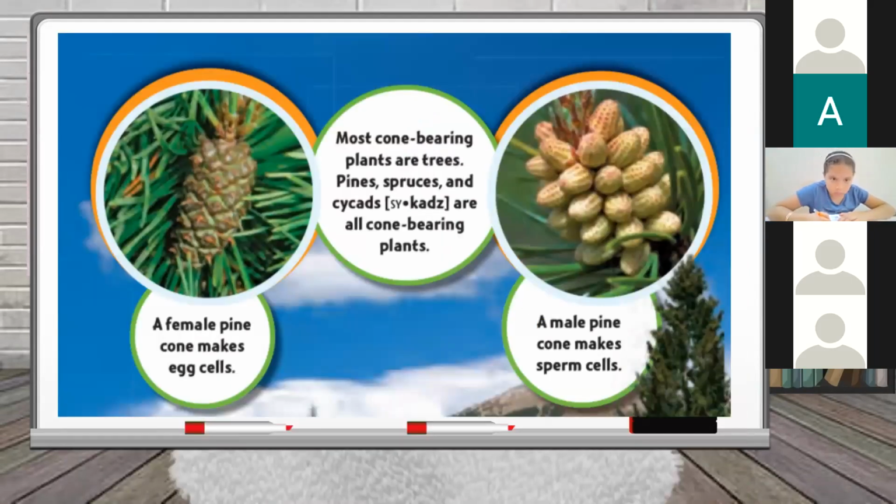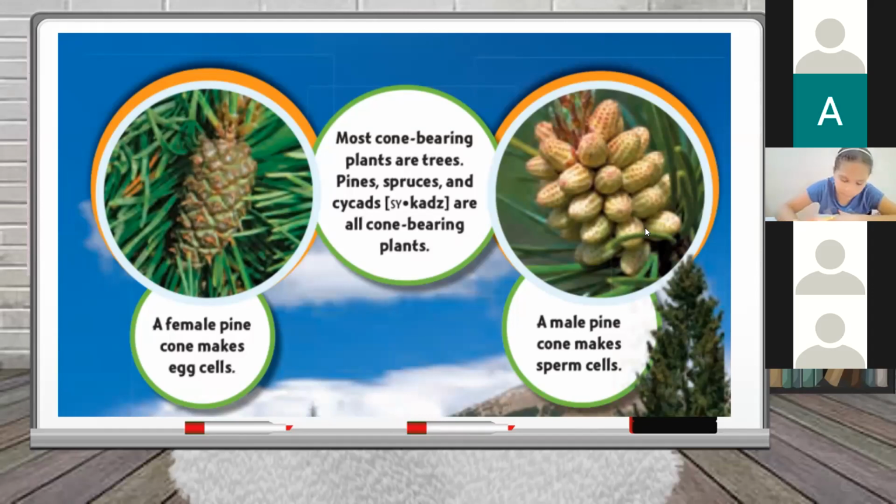And yesterday we were talking about how some plants can be only female and some plants can be only male, like a pine cone. This is a female pine cone and this is the male pine cone. This one makes the sperm, this one makes the egg.